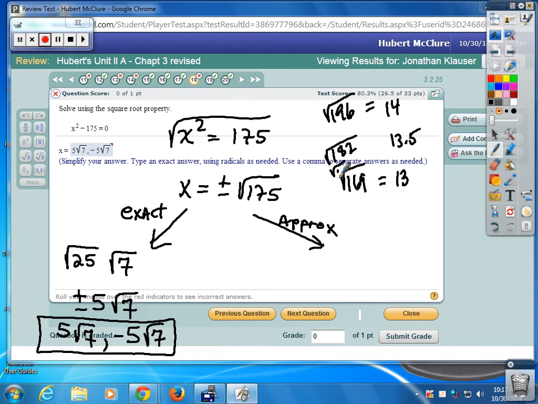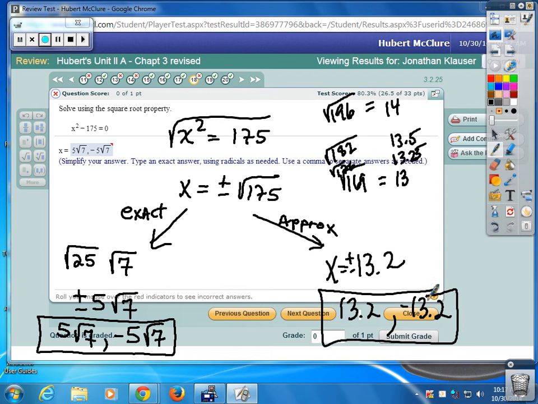So the square root of 176 is 13.25. So I say it's around 13.2. Y'all check me. X is equal to 13.2, and that's going to be 13.2 and negative 13.2. And that's your approximate, so you can graph it.